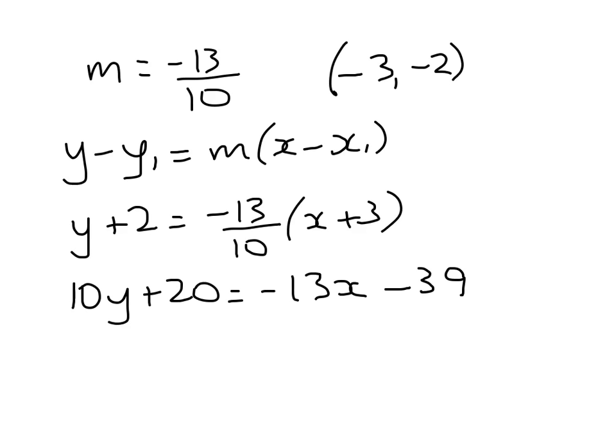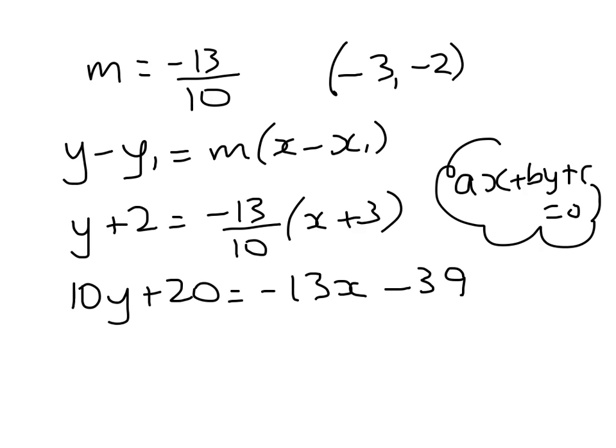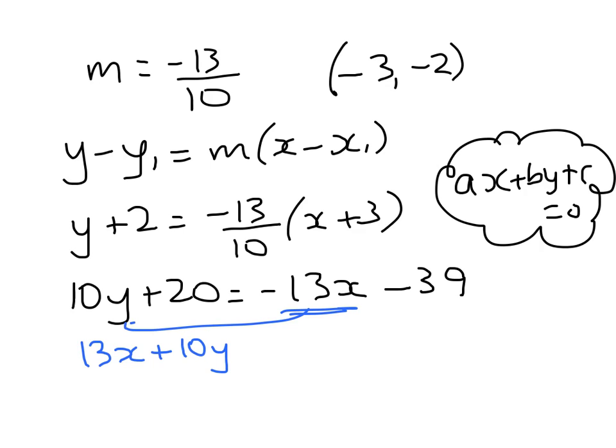With these, it's usually easiest to use the ax plus by plus c equals 0 form. You'll find that that's what NewLake and Delta both do, and that works well. So here we're going to get 13x plus 10y, adding that to that side, leaving that there, and I'm going to add 39, so I get plus 59 equals 0.